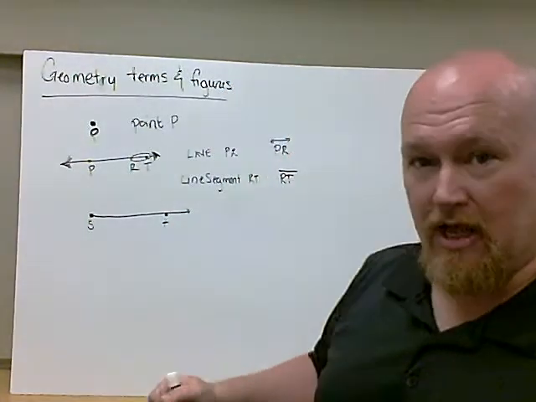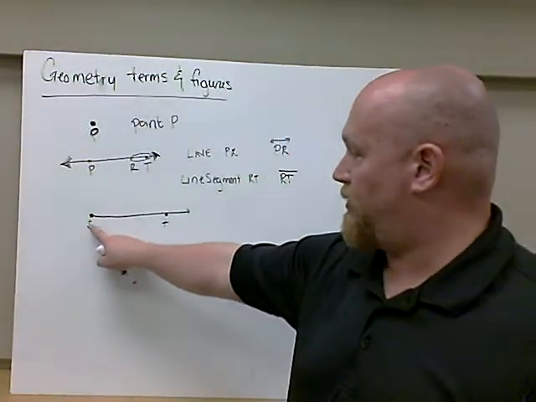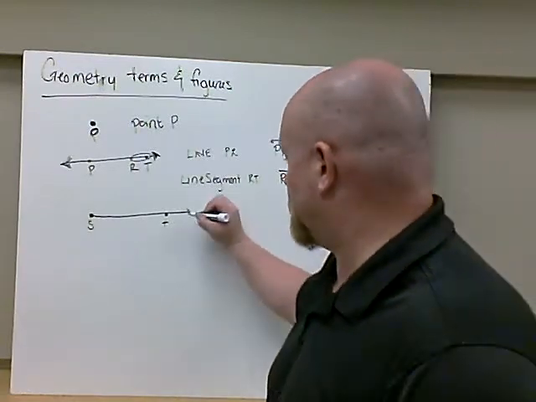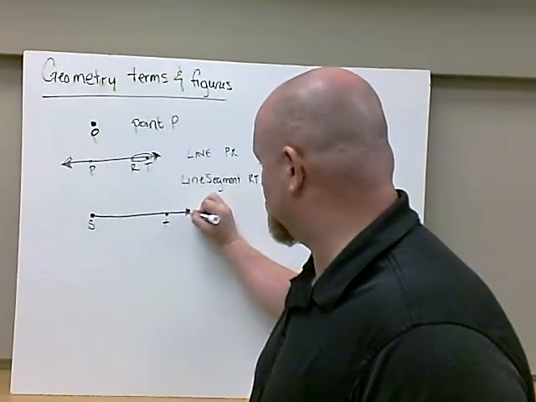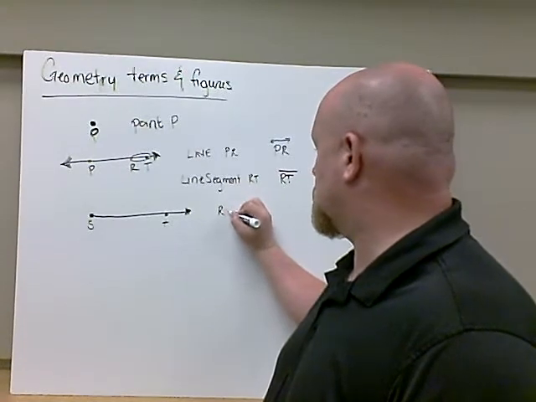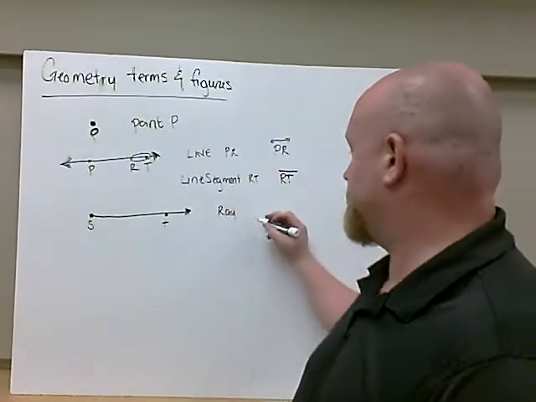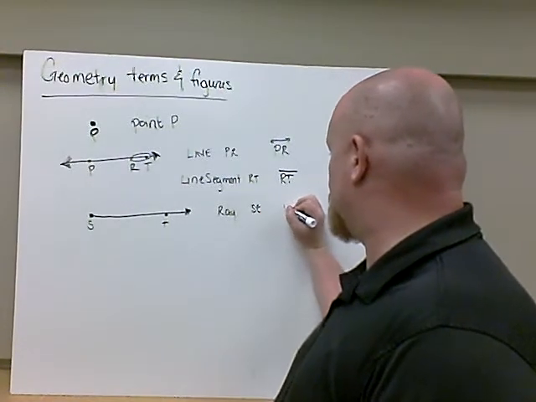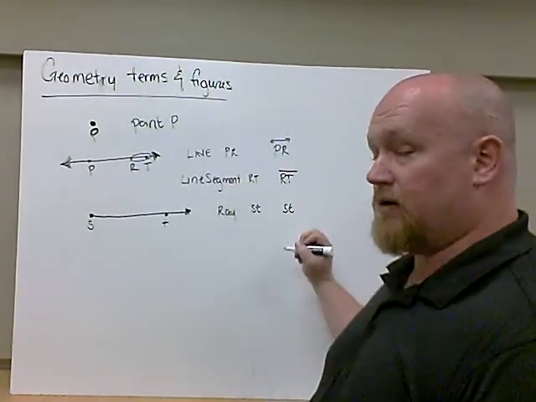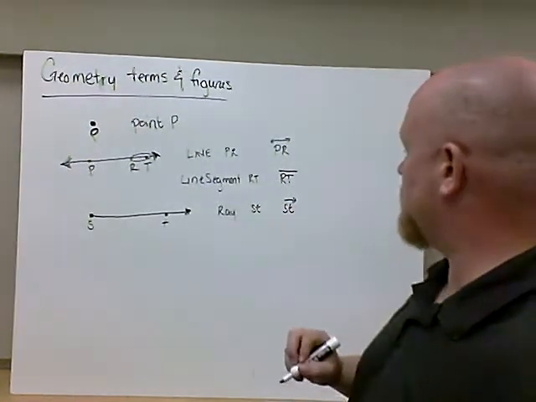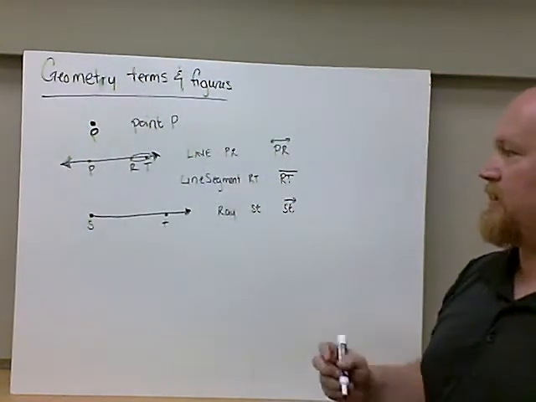Rays are like half a line that have a starting point and then go on forever in only one direction. It's called ray ST, you still need 2 points. And on paper, it's going to have a one-sided arrow on top of it. Ray ST.